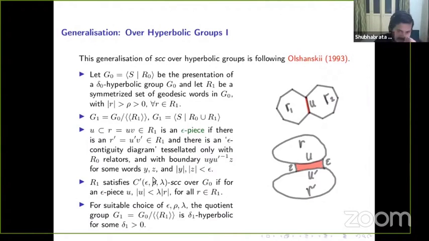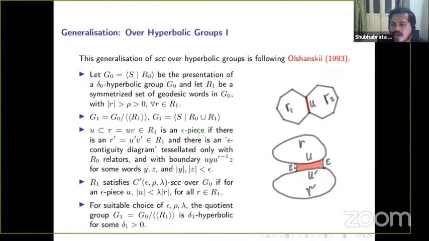Earlier we were not mentioning epsilon and rho. These epsilon and rho are coefficients coming from the fact that we are no longer in a free group quotient situation. Compared to the lengths of these relators, the previous stage relators, which are coming from R naught, can be very small.